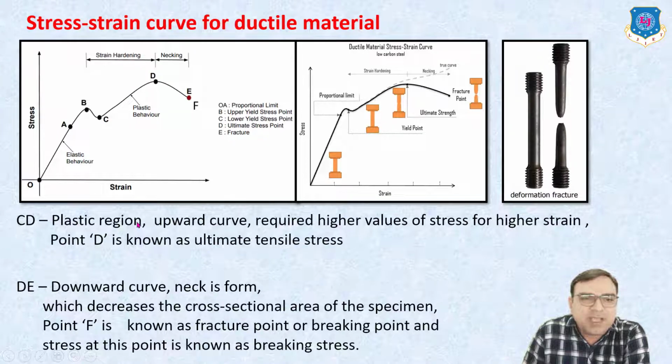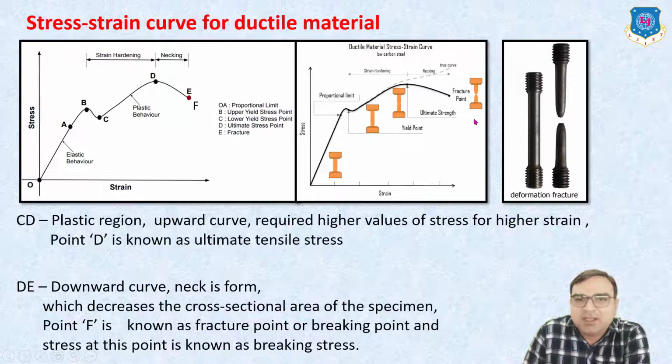In the plastic region, the upward curve requires higher values of stress for higher strain. Point D is known as the ultimate tensile stress. Now D to E is again downward. The downward curve is the formation of necking.